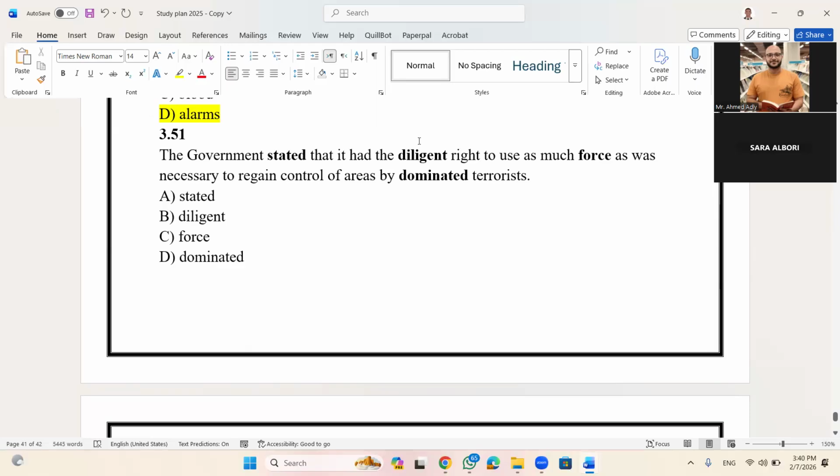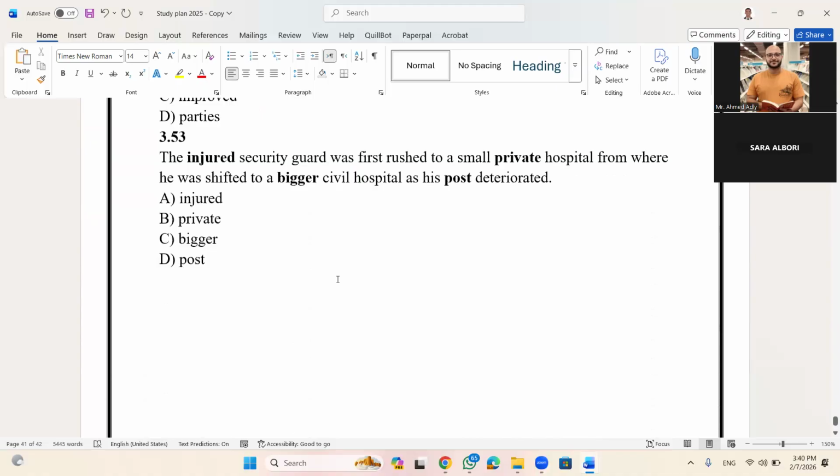I'm talking about the diligent right. Diligent means hardworking. So what is the paradox here? Do we say hard worker right? No, we usually say I have the legal right. Replace diligent with legal, or legitimate.